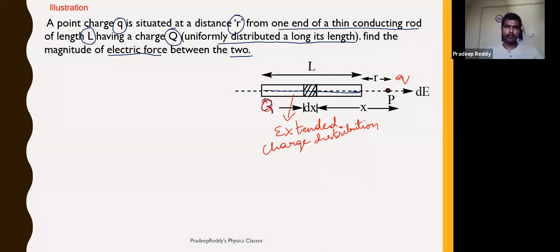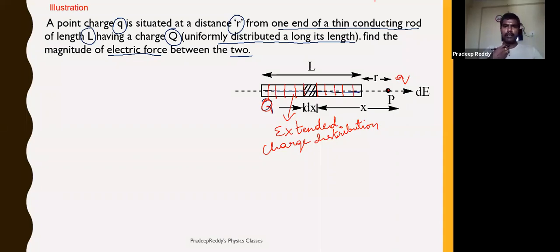The total charge capital Q is distributed uniformly over it. Therefore, you cannot use Coulomb's law directly, and we have learned that in the limitations of Coulomb's law also. For extended charges, Coulomb's law cannot be applied directly.